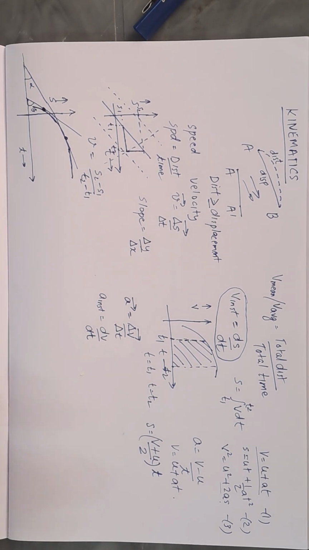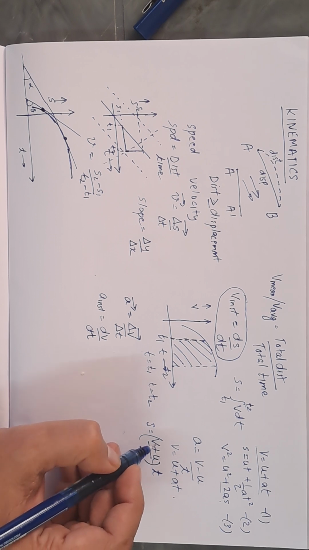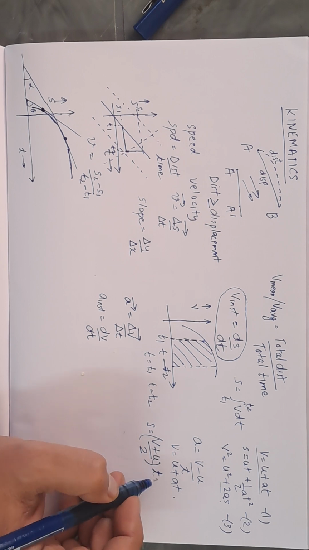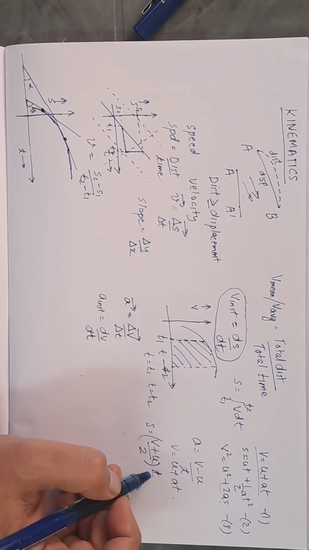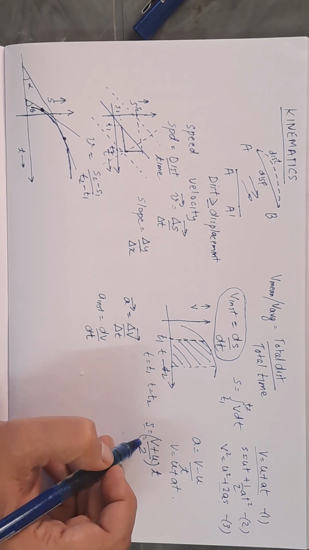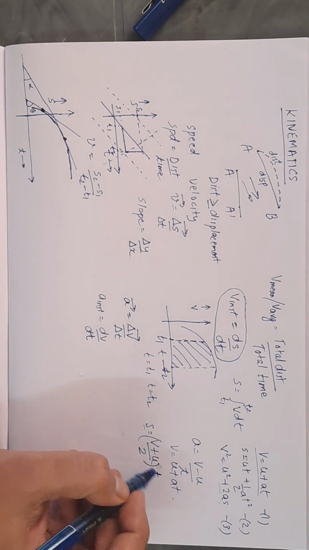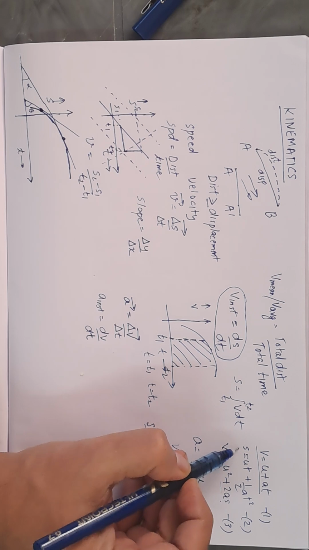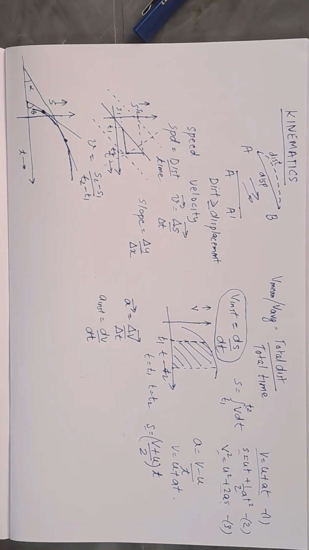So if there is a particle with a certain initial velocity u and a final velocity v, and this change happens over a time t, then the total distance traveled by the particle over time t is equal to this, provided a is constant for this entire time duration interval. So you can easily derive this equation. I would recommend that you try to derive these equations, because that will help in increasing your understanding.